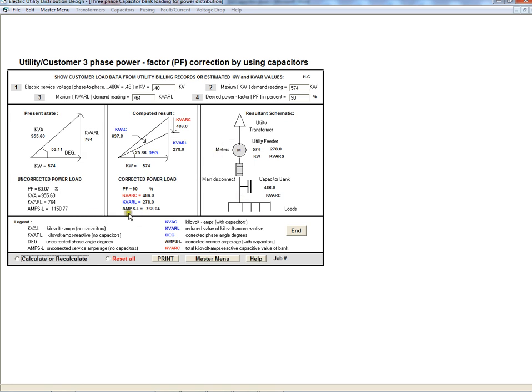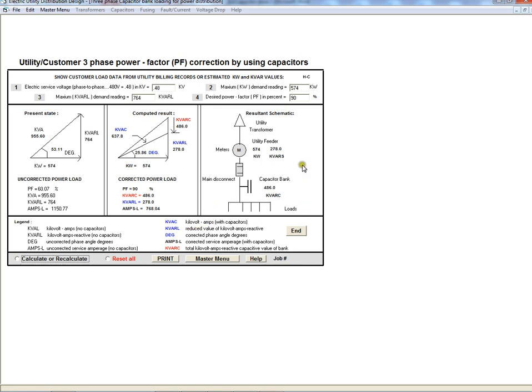With capacitors, that drops down to 768 amps. It's a very big drop, and consequently that makes it more cost effective. You would not have to use the full current rating of the conductors if you're using capacitors like shown here. Your current flow is going to change, therefore your voltage drop is going to change.